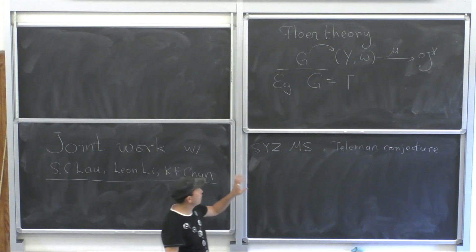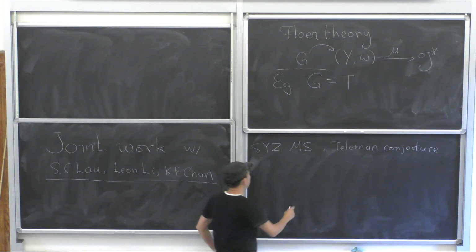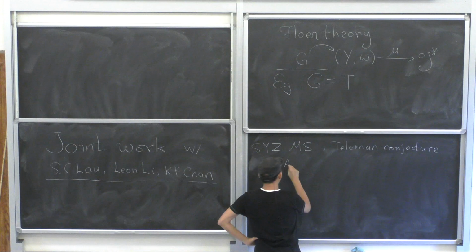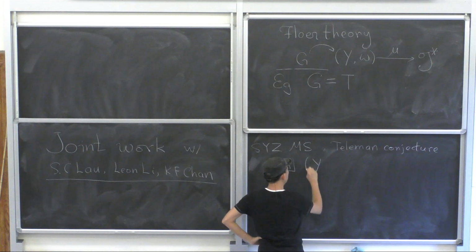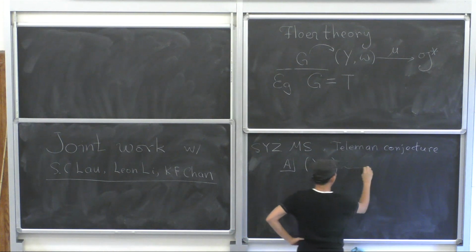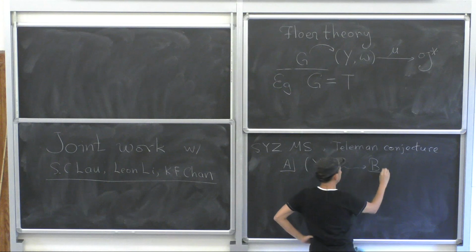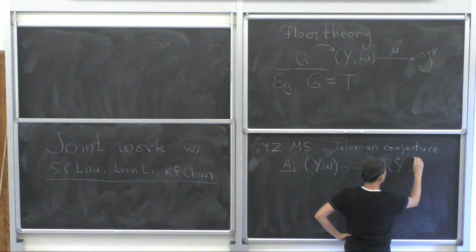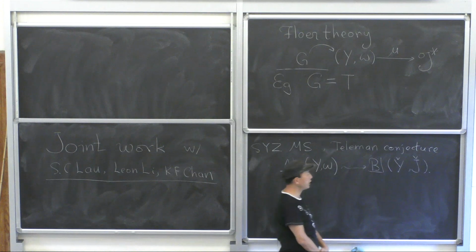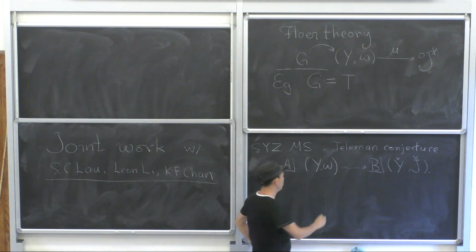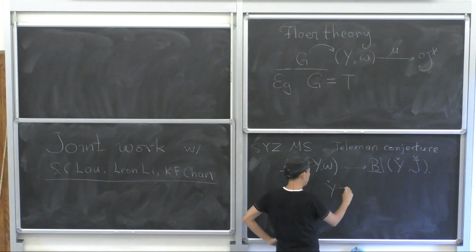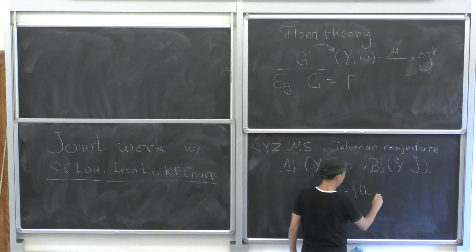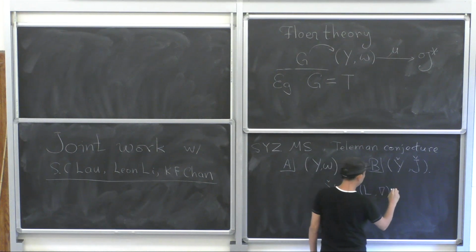So if you have no group actions, then you look at the A side for the symplectic manifold, and then you try to understand the mirror manifold. In this case, Y check we realize as the moduli space of Lagrangians with flat U(1) connections.